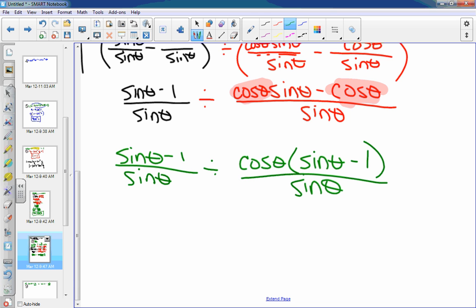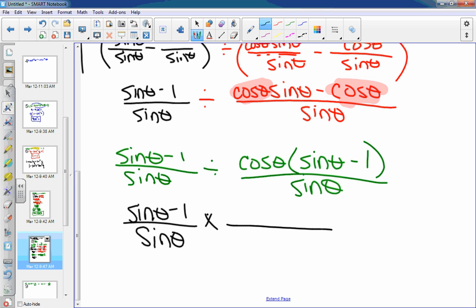So when you divide by a fraction, you multiply by its reciprocal. What is the reciprocal of that? I drop down this junk, change this to multiplication, sine of theta is on top, cosine of theta times this junk.